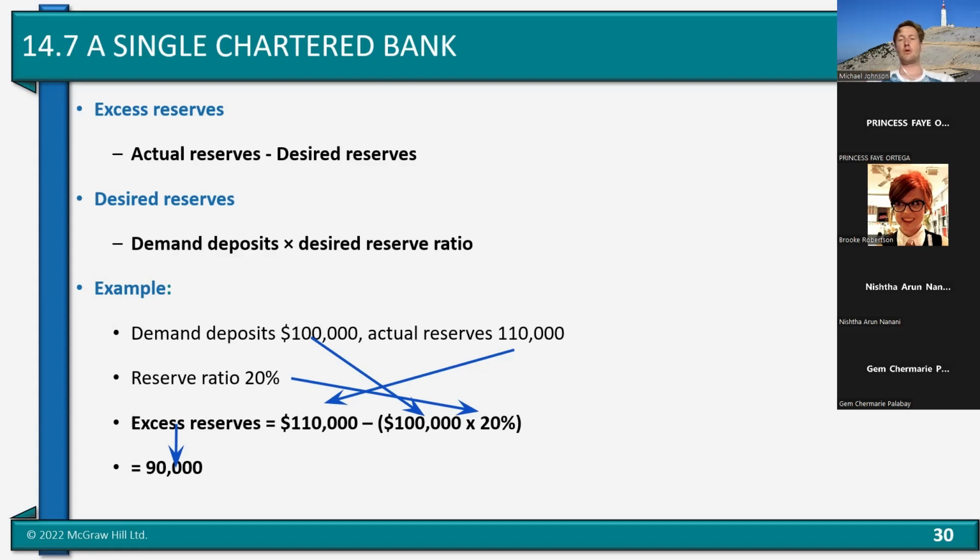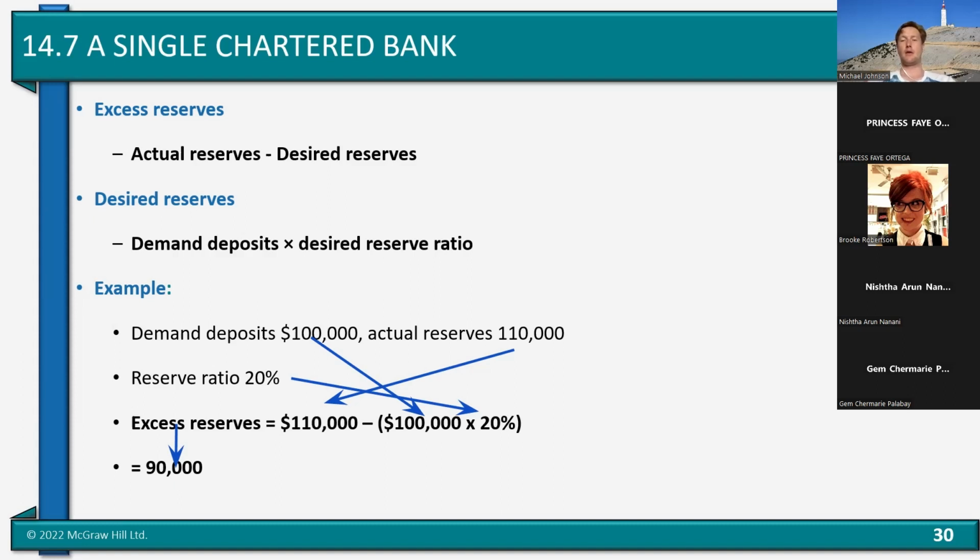So you want to lend out your excess reserves because excess reserves don't do anything. It's just cash, and cash doesn't earn interest. So you want to lend out the excess reserves because you want to earn interest and make a return.